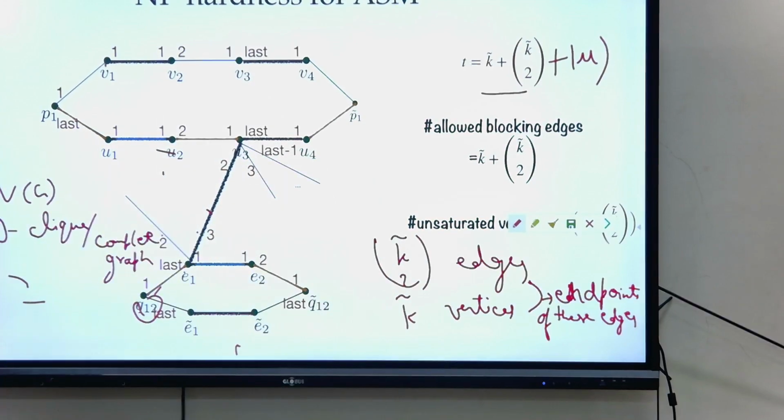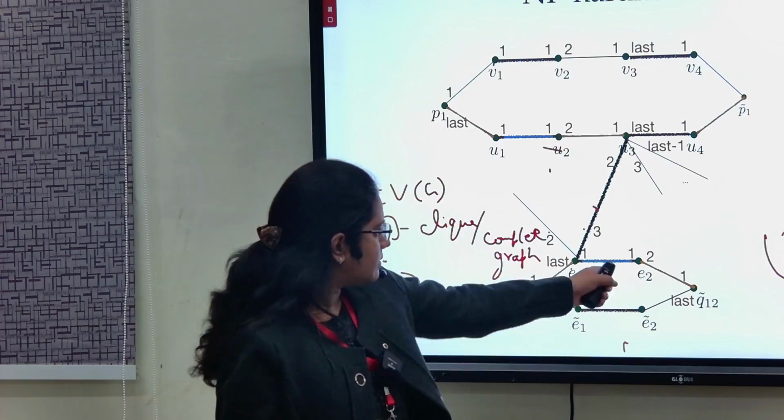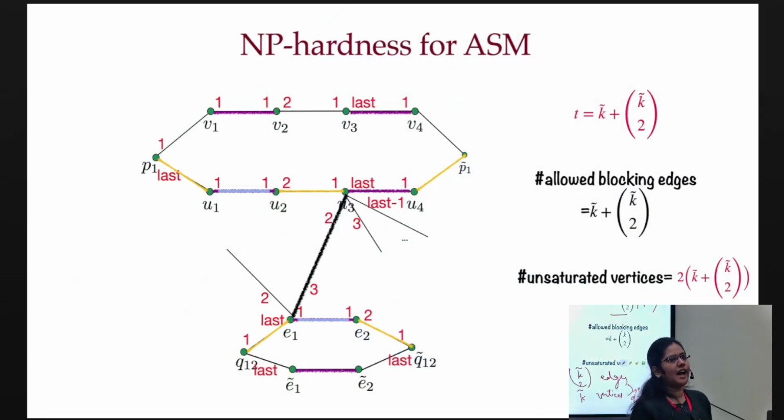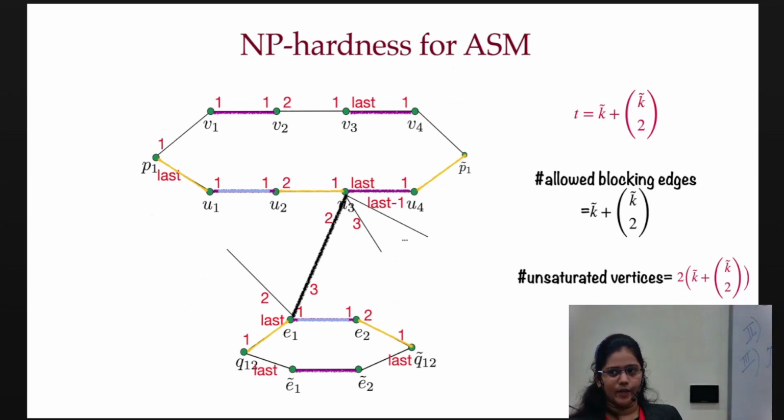So as we argued, if you pick it like this, it has to be a clique. There is no other option. The graph structure has to be this. Any question?